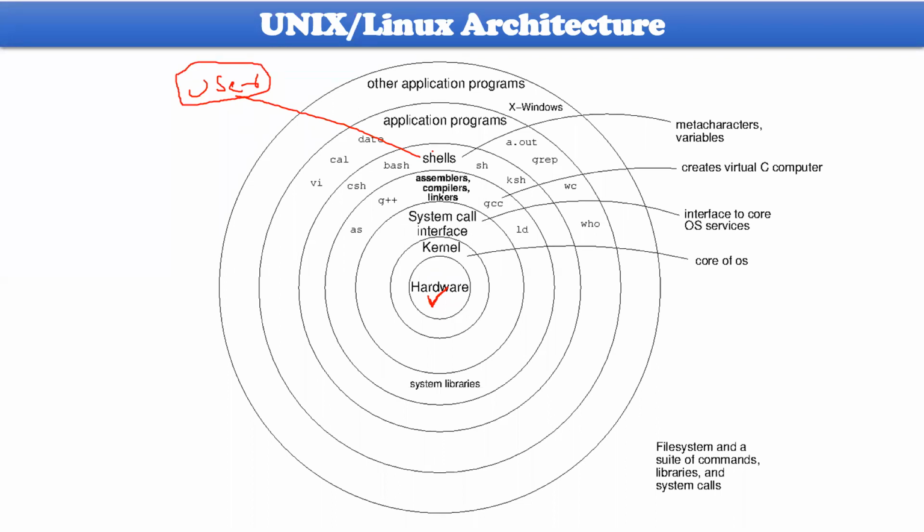Three shells are available: C shell, bash shell, and Korn shell. Then followed by application software, which we have to install, and other application software such as graphical user interfaces. Regarding hardware, you need to understand one thing.